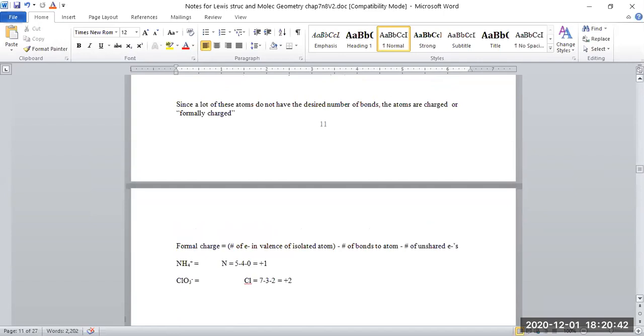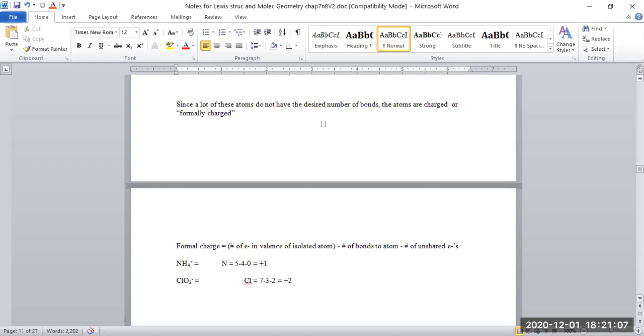When you're looking at things like the ammonium ion, NH4+, part of the reason why we draw the little plus sign next to the nitrogen is based upon this formal charge idea.